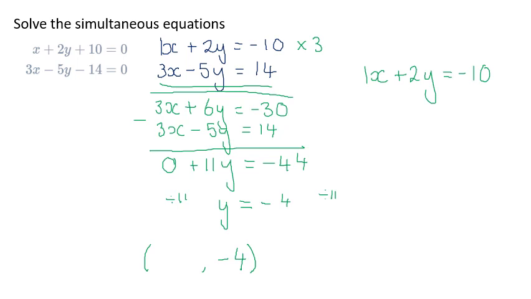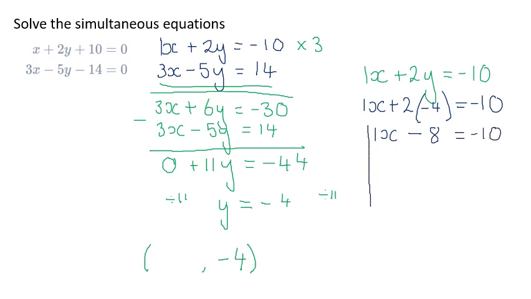I've got one lot of x plus 2 lots of negative 4 equals negative 10. So now I've got 1x, 2 times negative 4 is negative 8, or take away 8, equals negative 10.